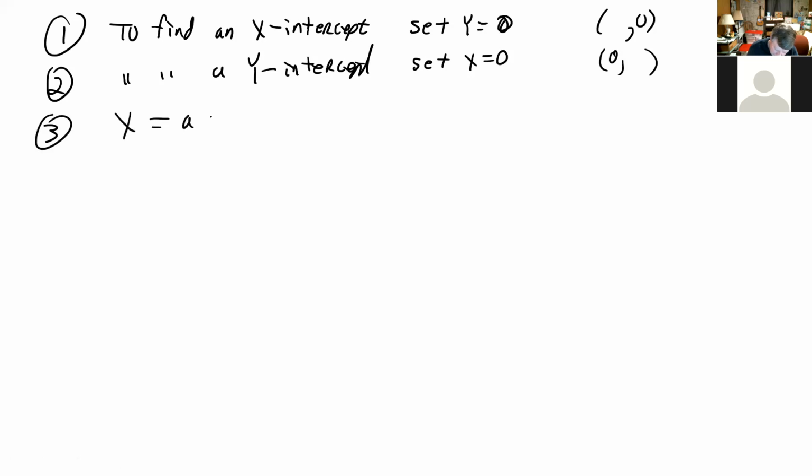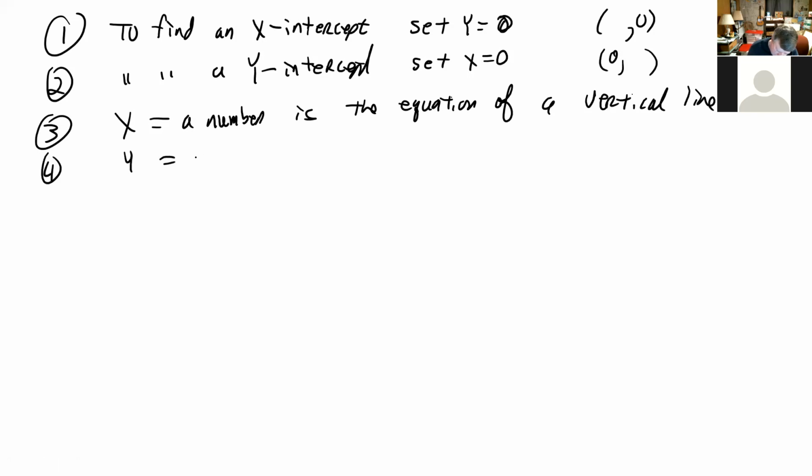X equals a number is the equation of a vertical line. Y equals a number is the equation of a horizontal line.